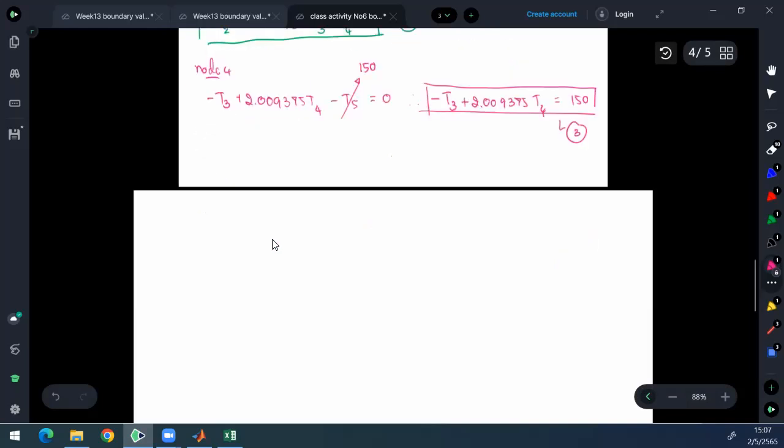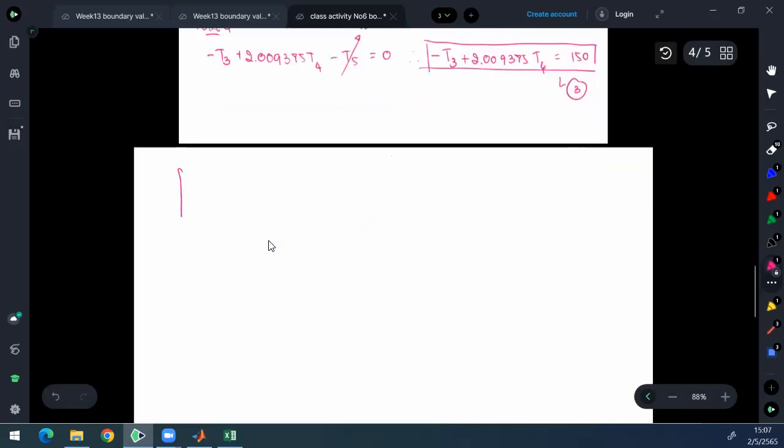After that, we can form the equation in matrix form. You see that it is the same pattern for the finite difference.